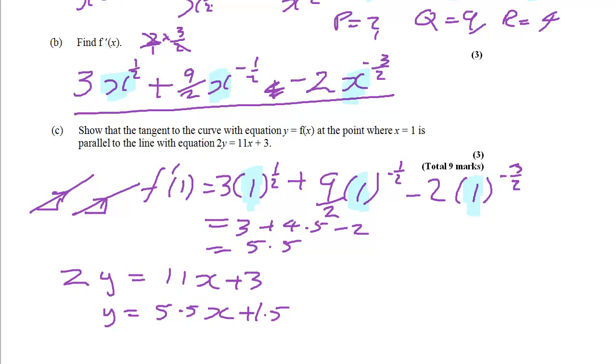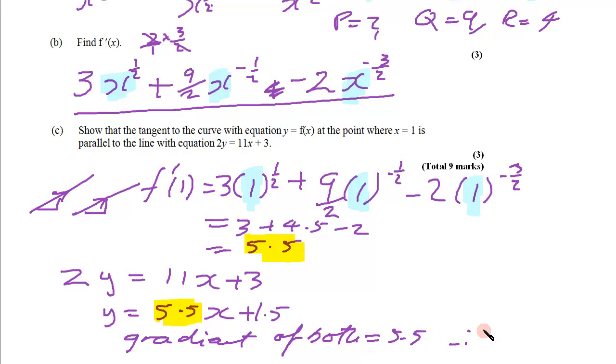And this here gives us our gradient. And we can see the gradients are equal. So the gradient of both equals 5.5, therefore they are parallel.